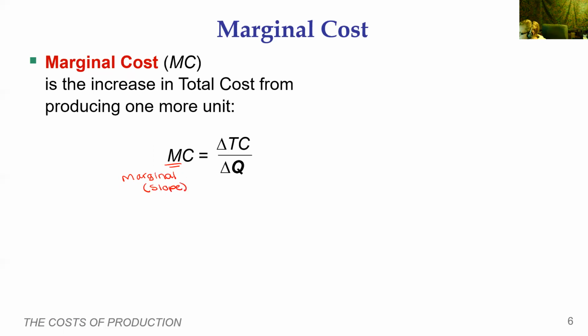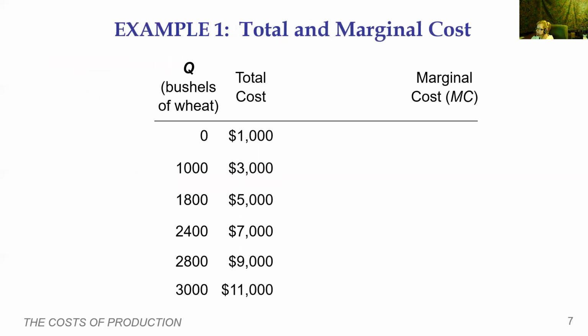And here we're saying marginal cost, so this must be the slope of the total cost curve. So our formula is going to be the change in total cost divided by the change in quantity.